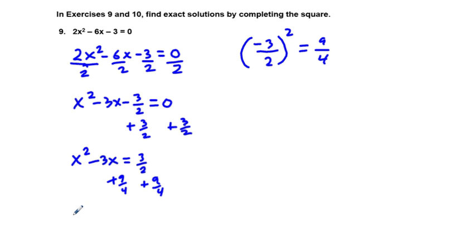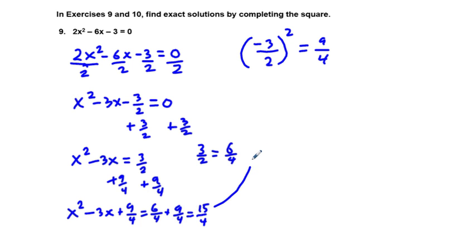Okay, so we get x squared minus 3x plus 9/4 equals 9/4 plus 3/2. Well, 3/2 is equal to 6/4. So 3/2 plus 9/4 is going to be 6/4 plus 9/4 equals 15/4.